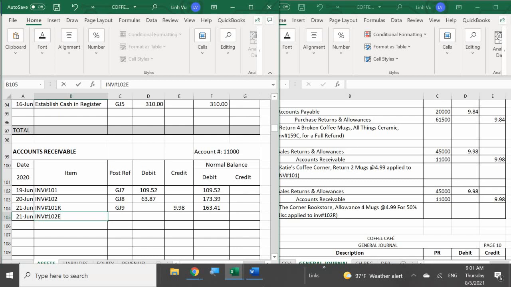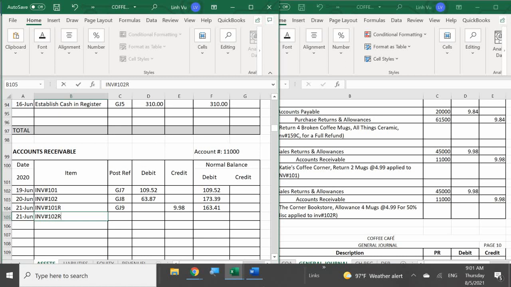So since we have the invoice number registered in accounts receivable, we cannot readjust that, right? My question is, on invoice 102 we have a debit amount of 63.87. So do you have to do a new transaction, or can you readjust that amount?